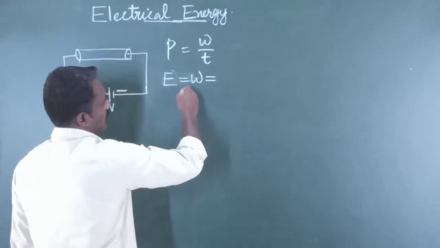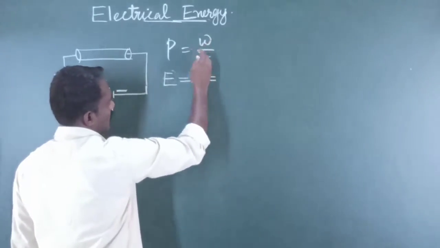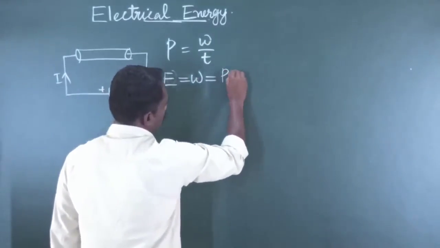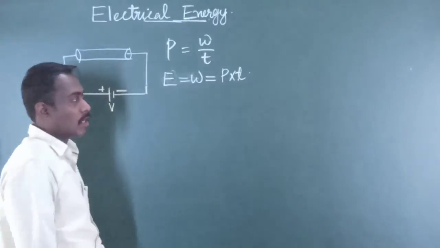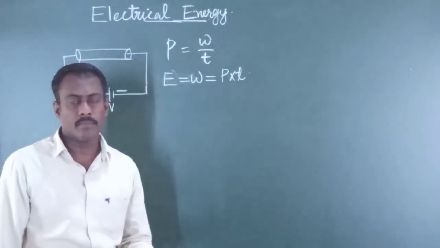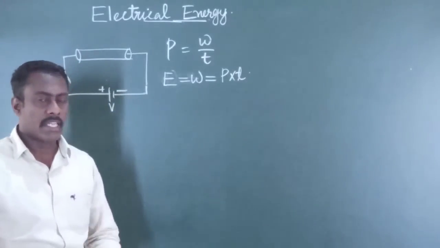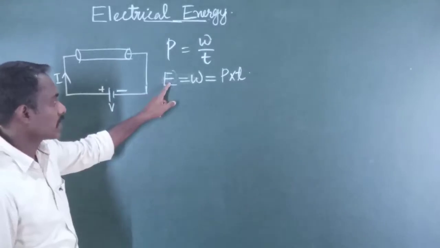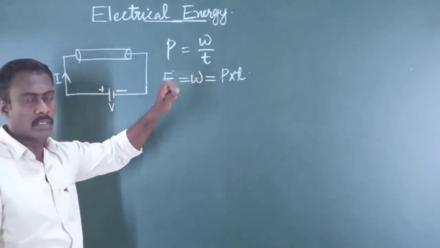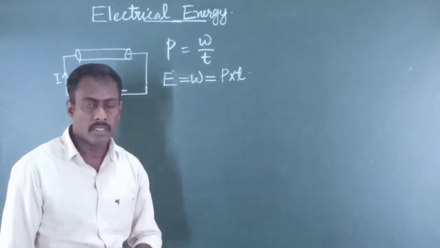From this equation we get work done is equal to electrical power into time. How much power is being consumed per time gives the value of electrical energy or work done for maintaining the flow through the conductor.